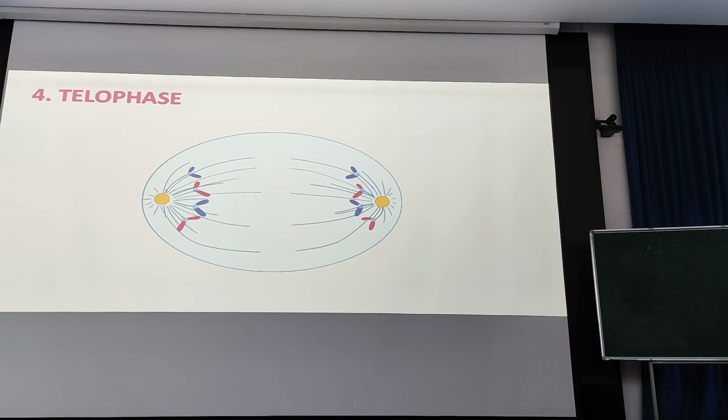In this phase, the microtubules are broken up. And at the end of telophase, the chromatids are moved to the ends of the two poles like this.